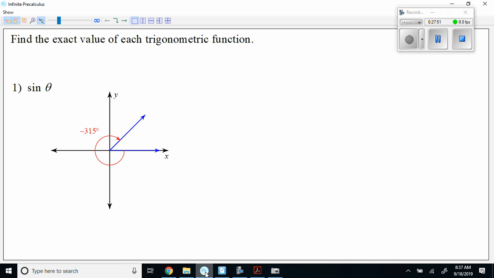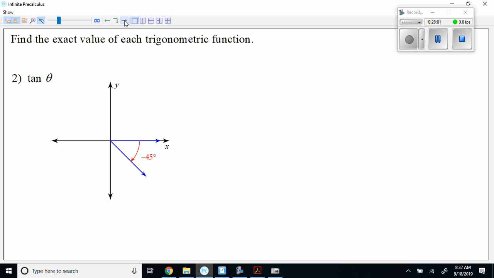We're going off the 30, 60, 90 and 45, 45, 90 triangles, right? Okay, so number 2. All right, I'm gonna give you 45 seconds on this. You ready? 45? Go.